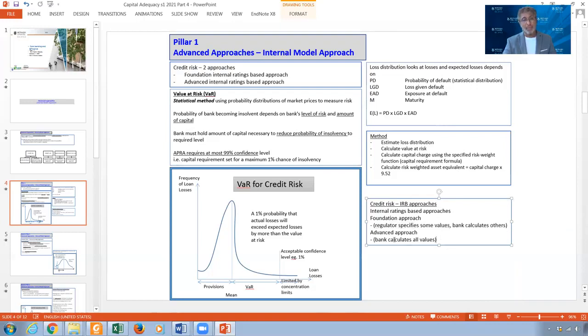But in the advanced approach, all values are calculated by the banks. So you have a foundation approach and an advanced approach, but all of them depart from the internal model, as opposed to the standardized model.